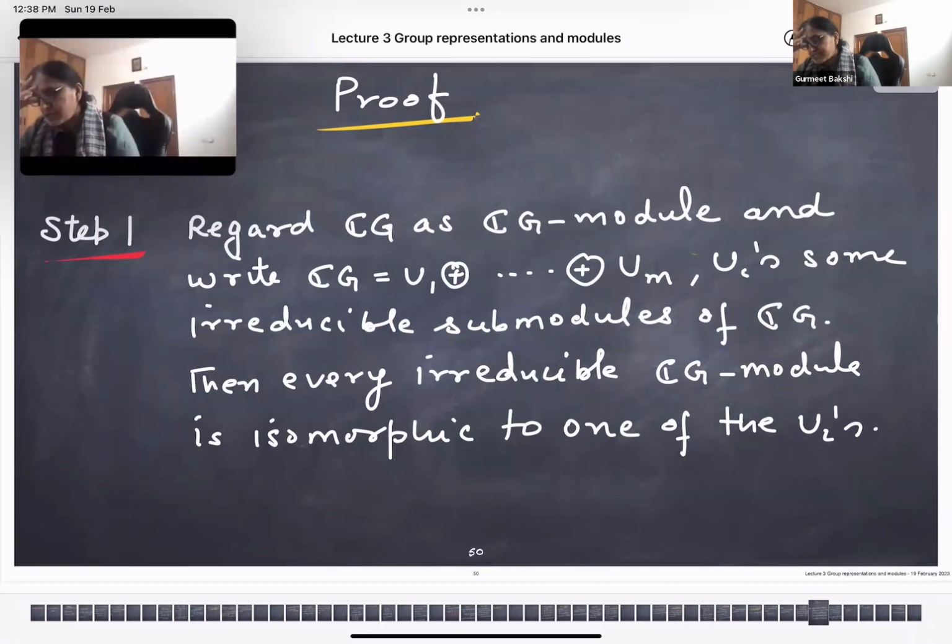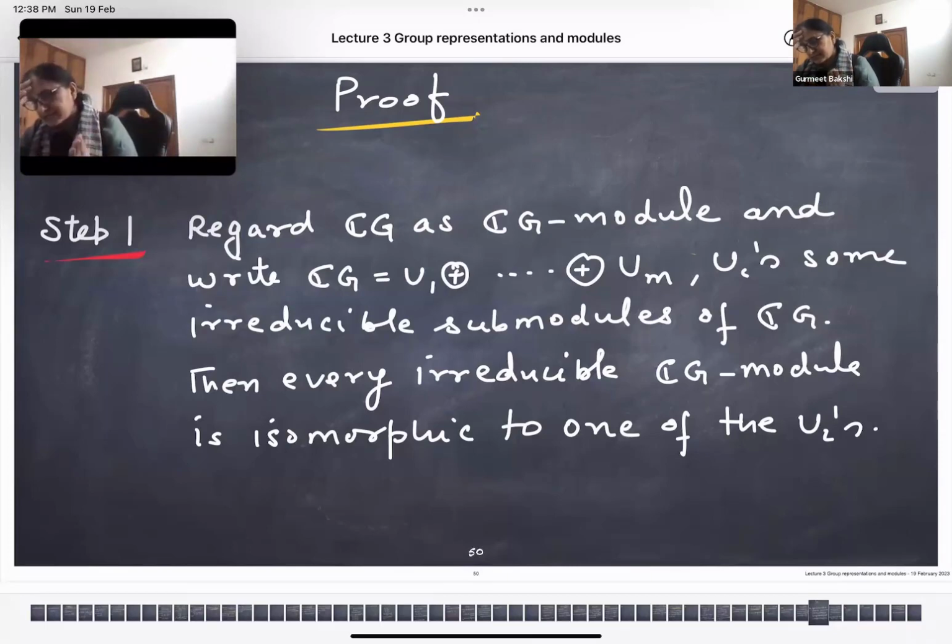Basically, you regard CG as a left CG module. This way also you get that the regular representation is a sum of irreducible representations, each occurring its degree times.